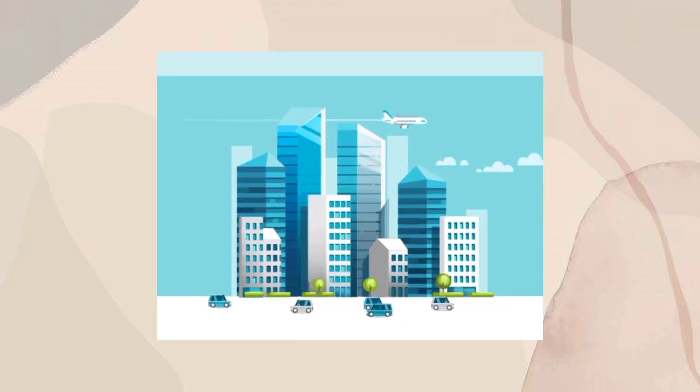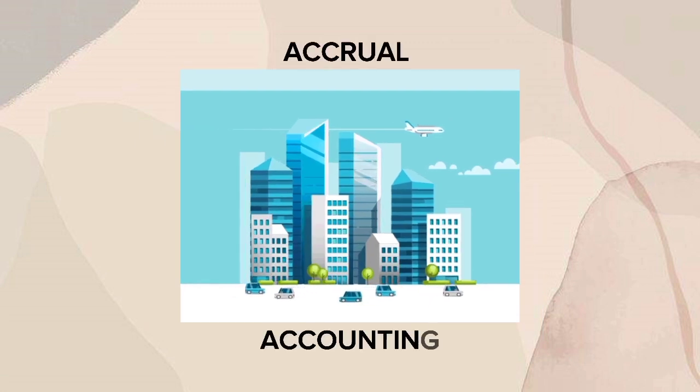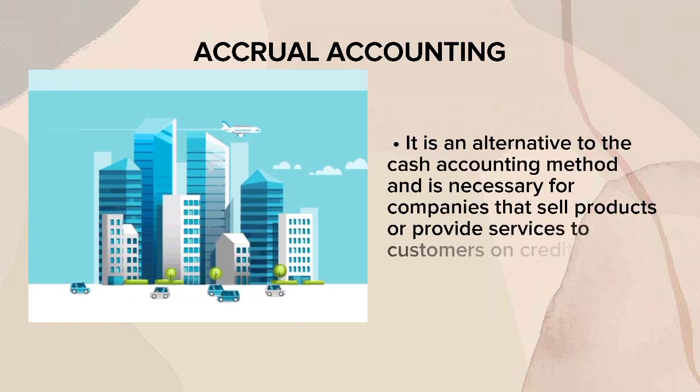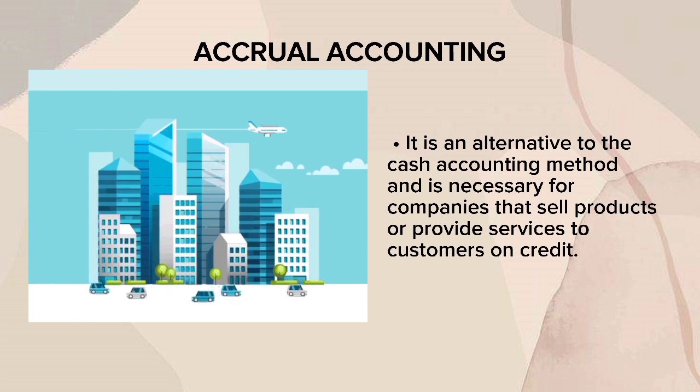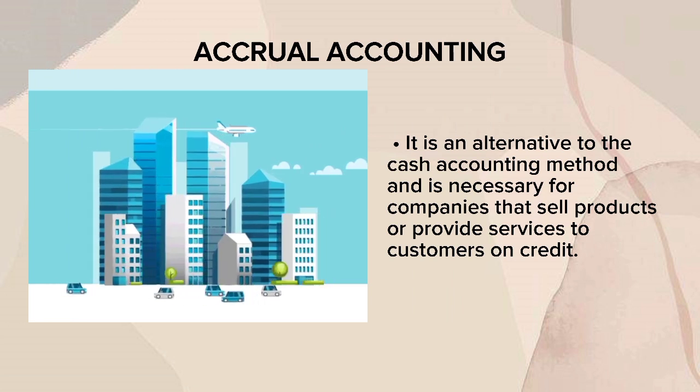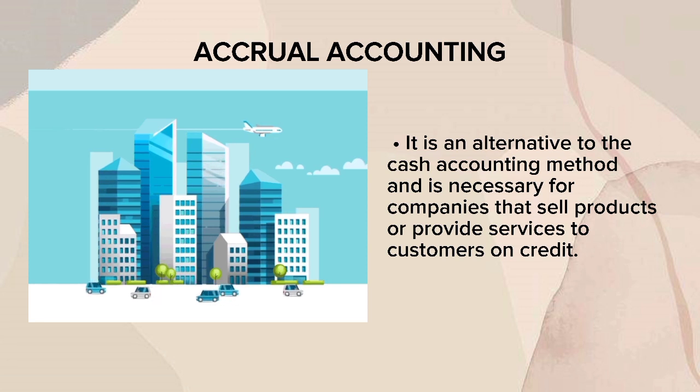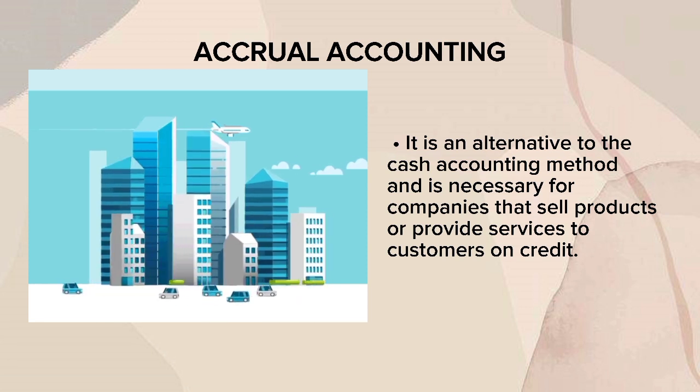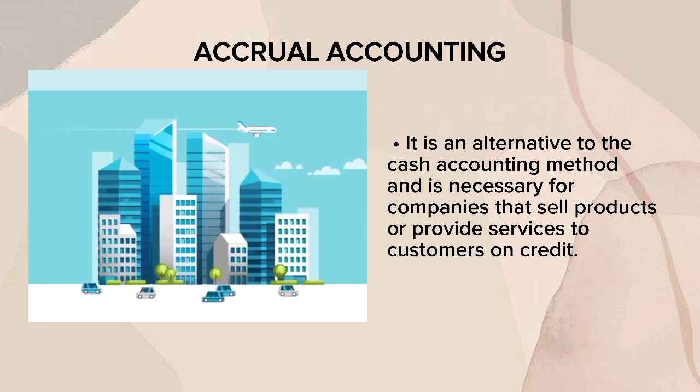Karamihan sa mga kumpanya ay gumagamit ng accrual accounting. Ito ay isang alternatibong paraan ng cash accounting at kinakailangan para sa mga kumpanyang nagbebenta ng mga produkto o nagbibigay ng mga serbisyo sa mga customer ng pautang.